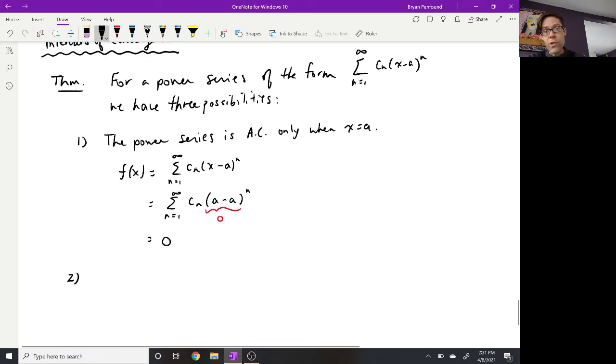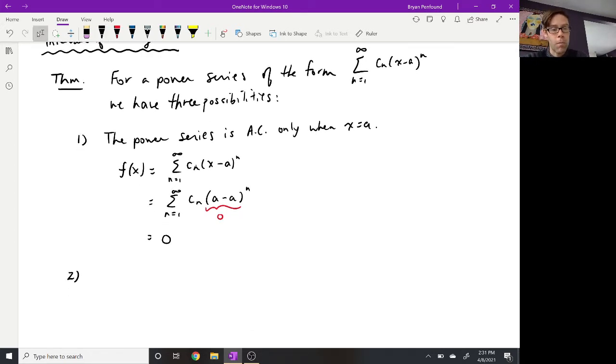So there are more interesting things that could happen. One of the interesting things that could happen is it's quite possible for our power series to be absolutely convergent for all real numbers.